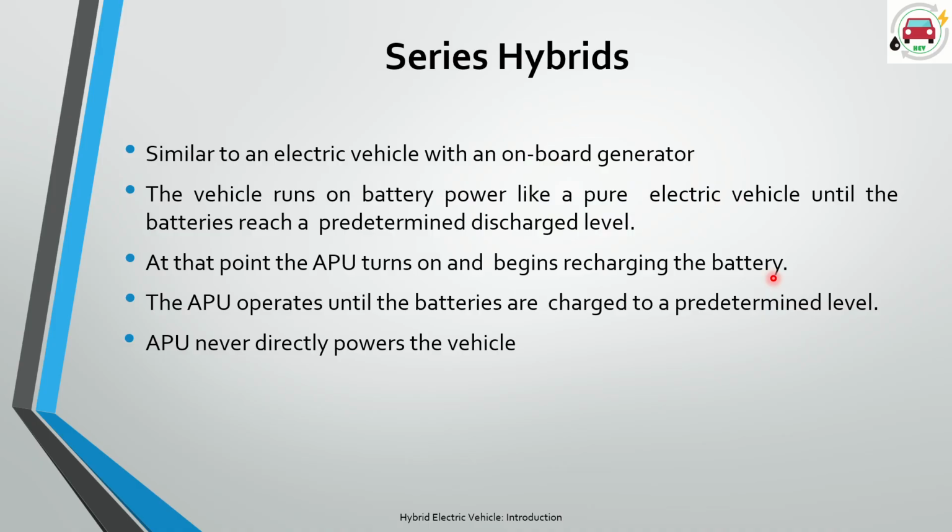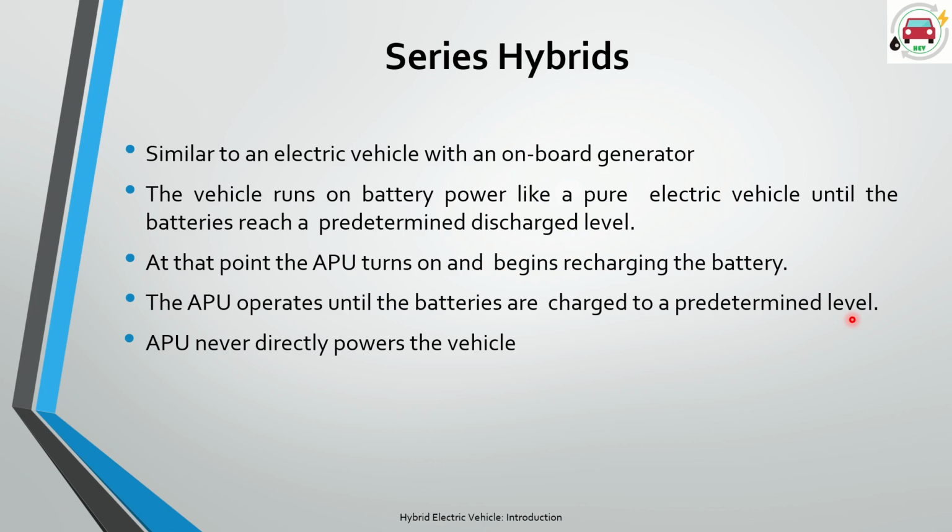At the same time, we are going to use the electric motor to run the vehicle. It is simultaneously getting charged with the engine, that is the alternate power unit. So the engine is going to recharge the batteries, and at the same time the vehicle is running on the electric motor, right? So the APU operates until the batteries are charged to a predetermined level.